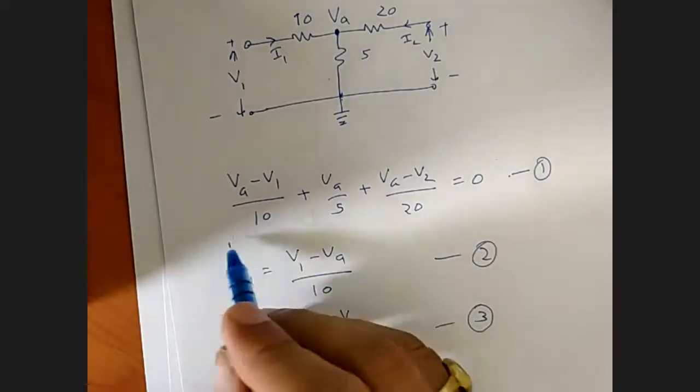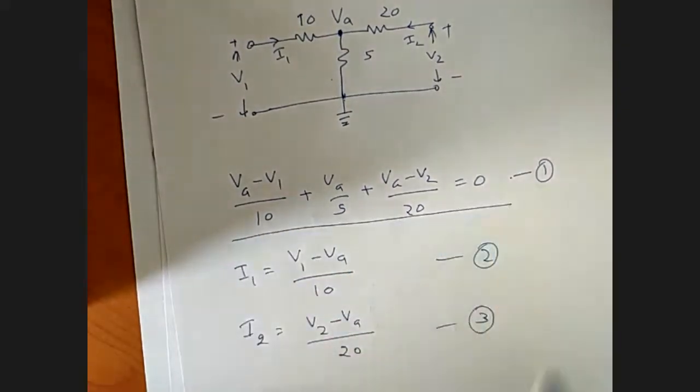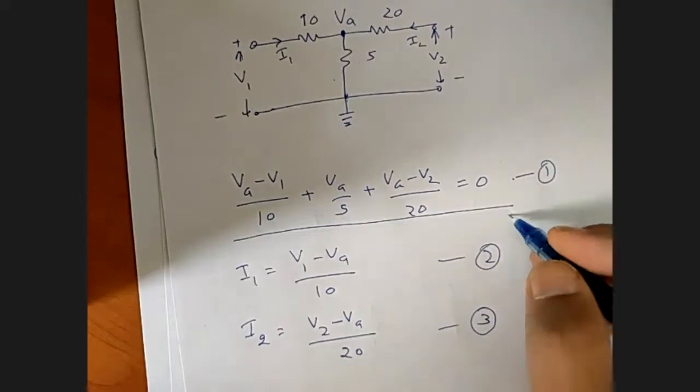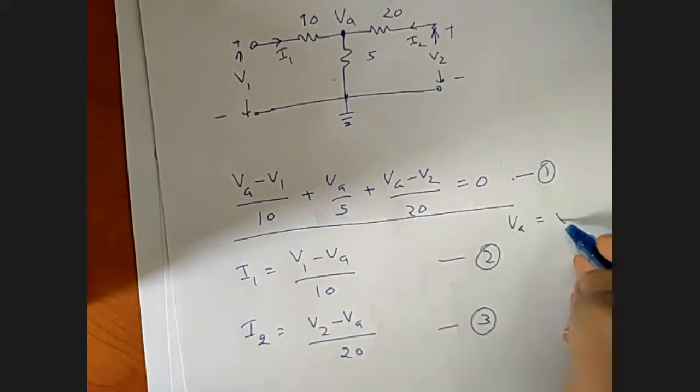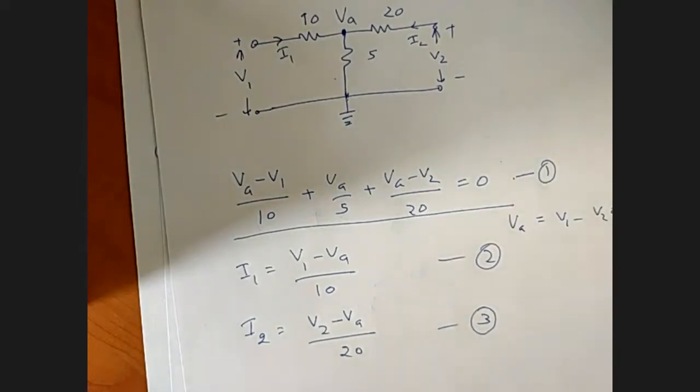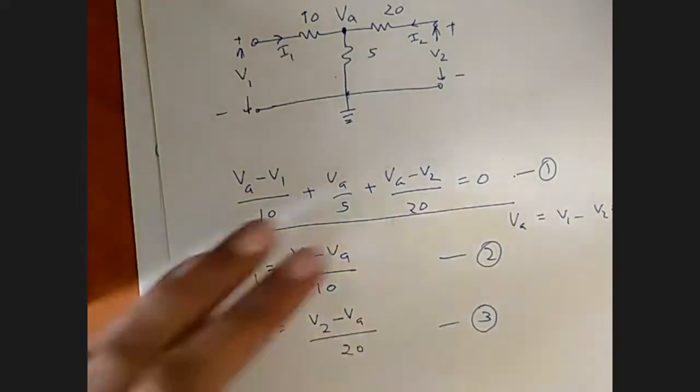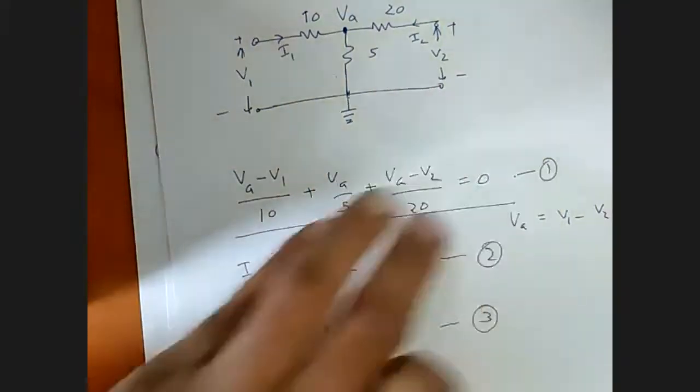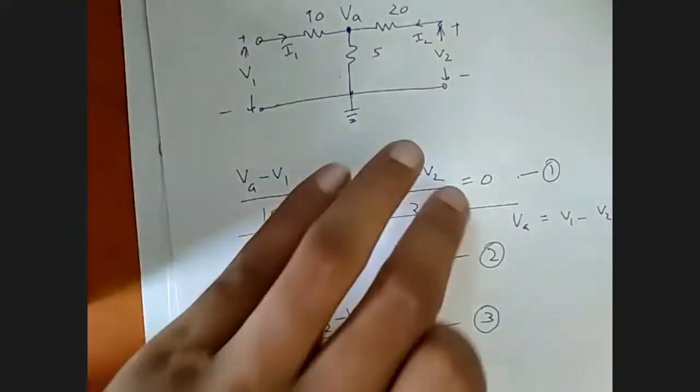From this equation, I will find the relation between VA in terms of V1 and V2. By solving this equation, I will find the relation between VA, V1 and V2.